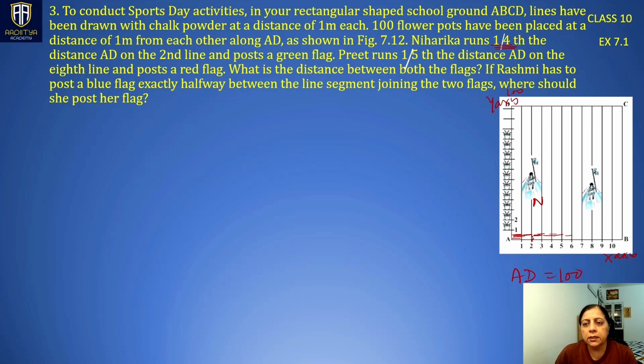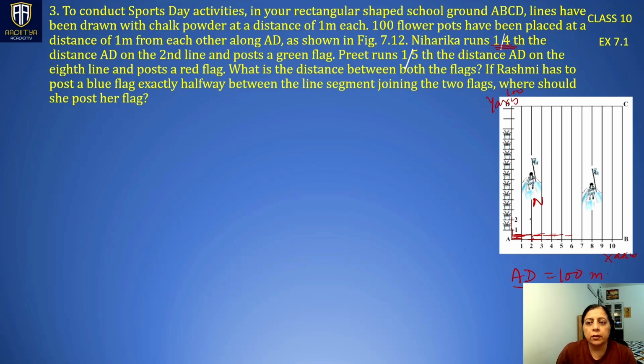That means the scale which they have chosen on the x-axis has also been chosen on the y-axis. These lines are 1 meter apart, these flower pots are 1 meter apart. So the same scale has been chosen on both the axes. So the length of whole AD is 100 meters.